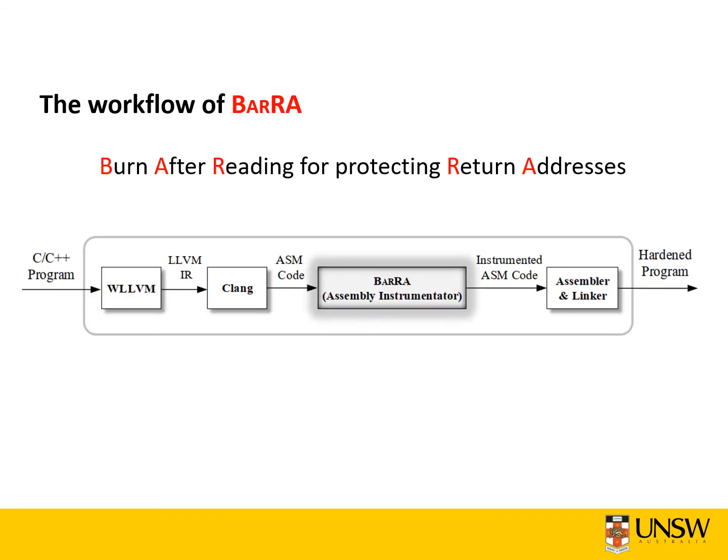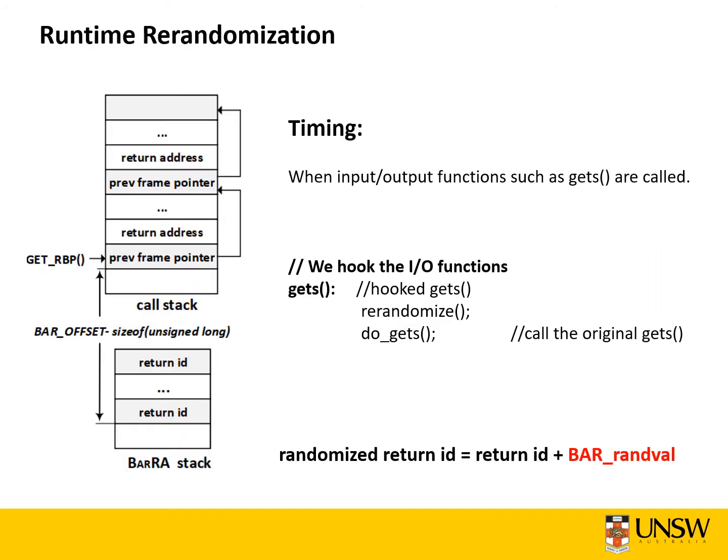Our prototype is named as Bala. We have implemented Bala in the LLVM compiler toolchain. Fundamentally, Bala is an assembly instrumentor. For each return address, it has a corresponding return ID.